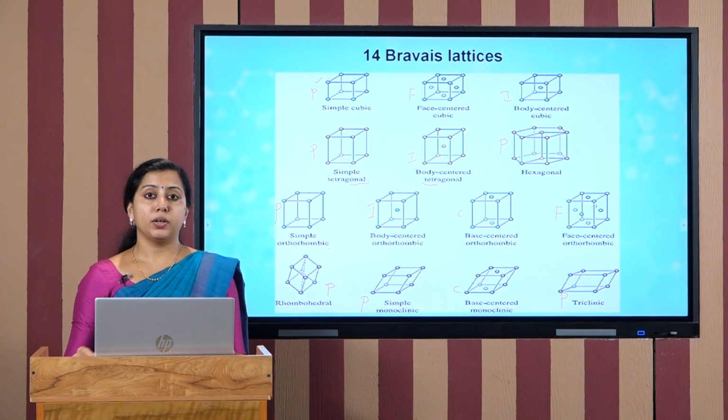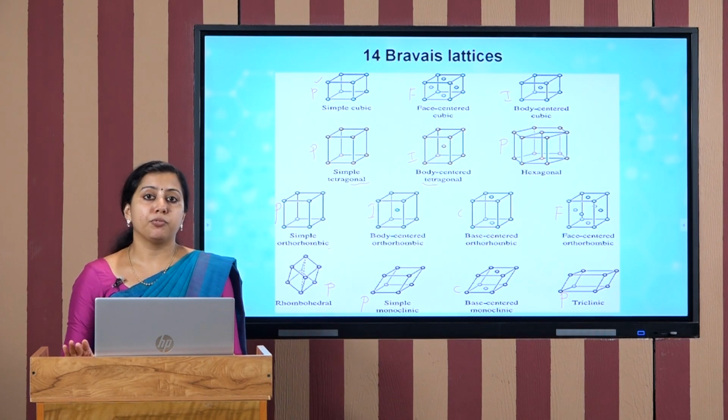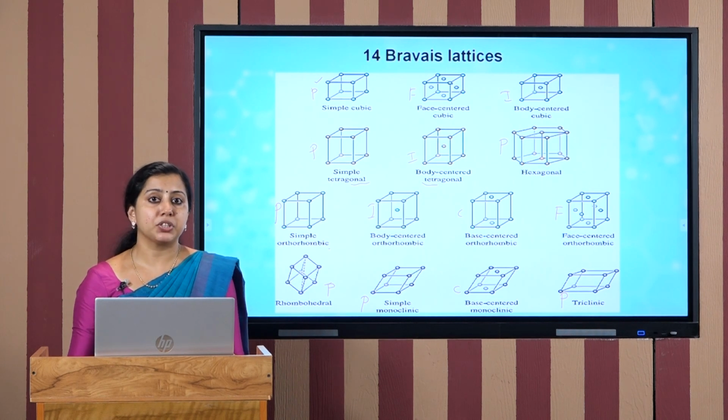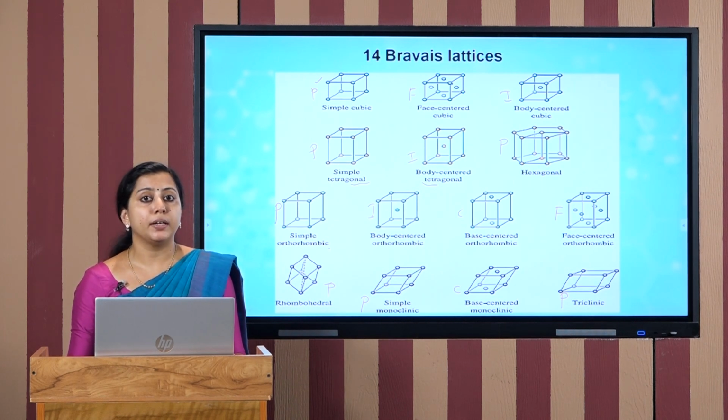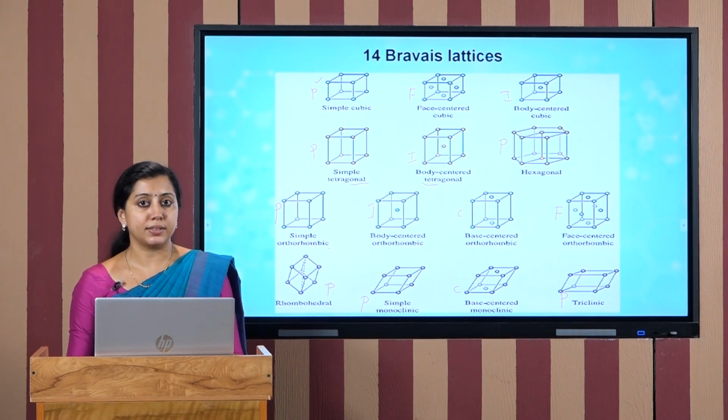So, till now we have seen the 14 Bravais lattices, that is how the constituent particles or the atoms are arranged throughout the 3-dimensional lattice, that is in 14 different ways. Okay. And there are general 4 types of unit cells.